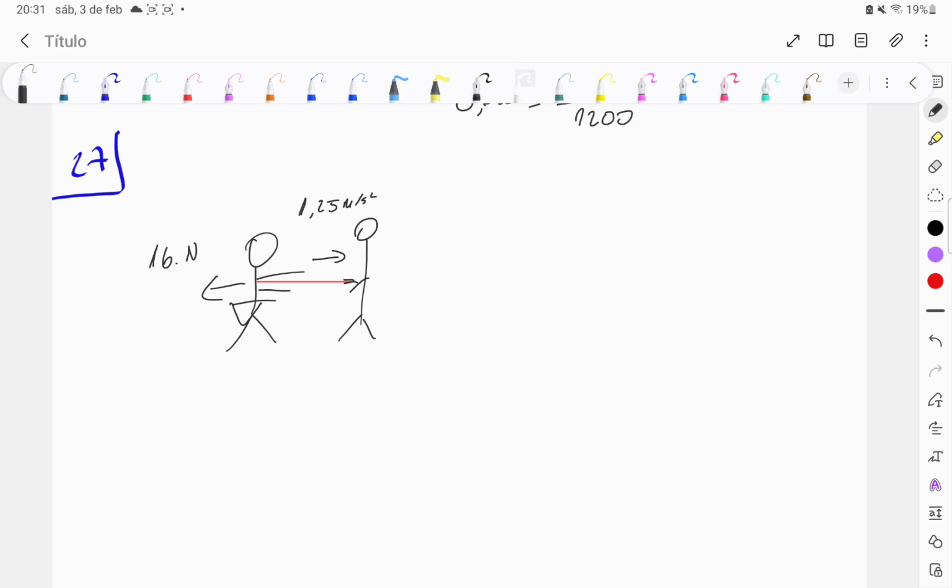Yeah, and how much is that force? Well, we can analyze what happened with the movement of the rope. Yeah, the rope is like this, and the opposite side starts moving there with an acceleration equal to 1,25.